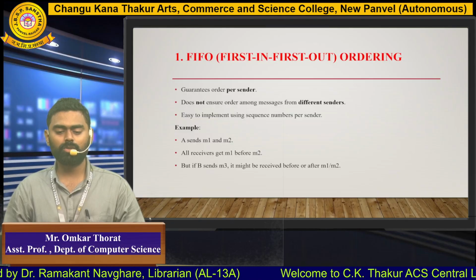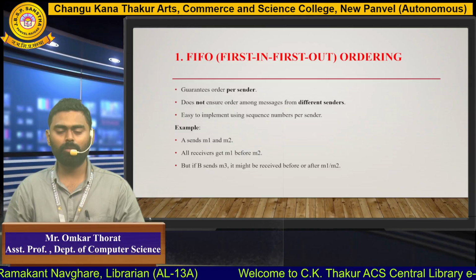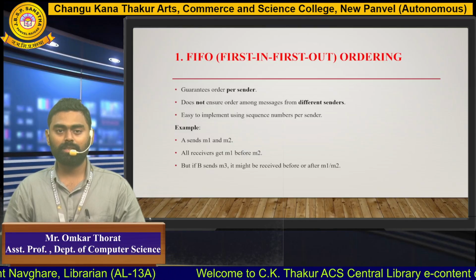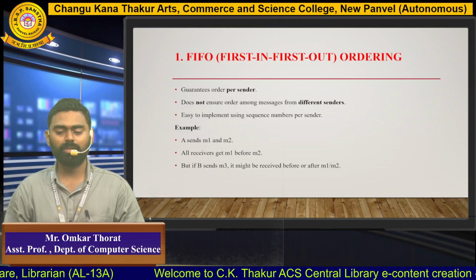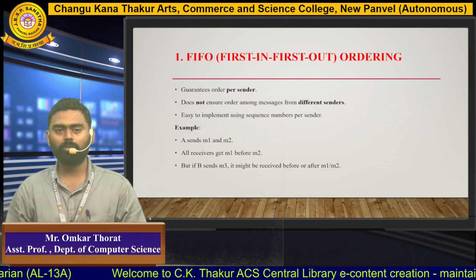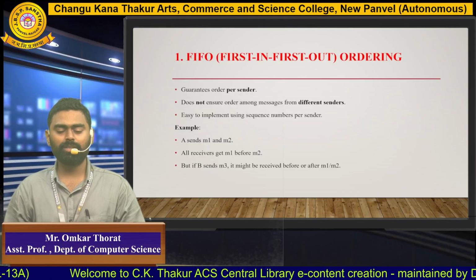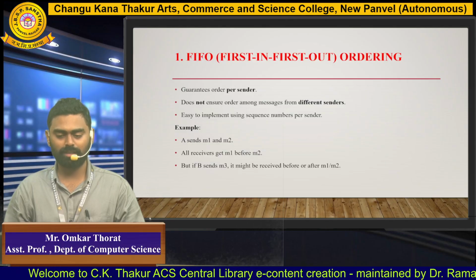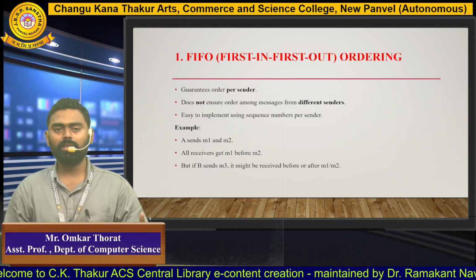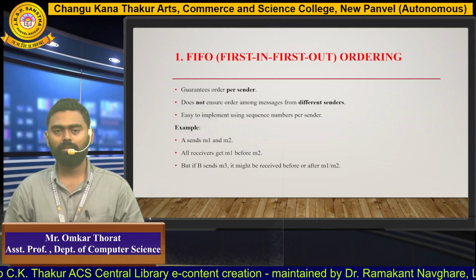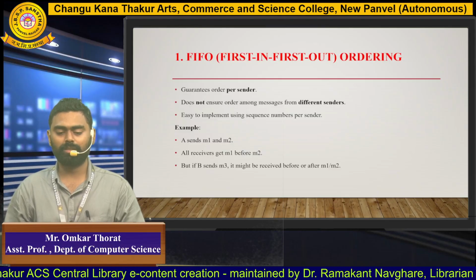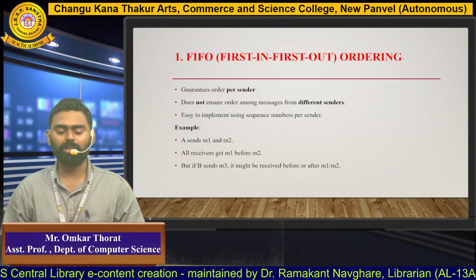It does not ensure order among messages from different senders. The third point is that it is easy to implement using a sequence number per sender. Let's see an example.